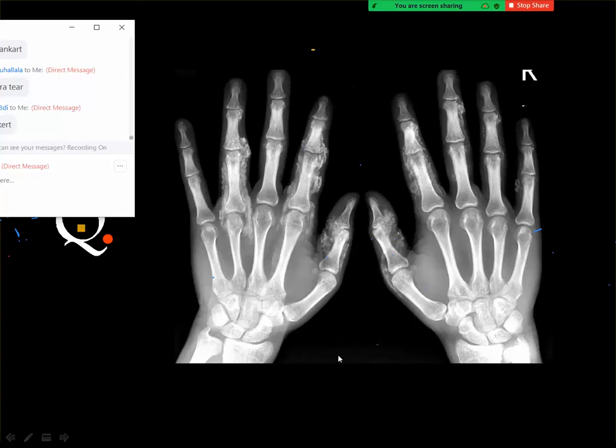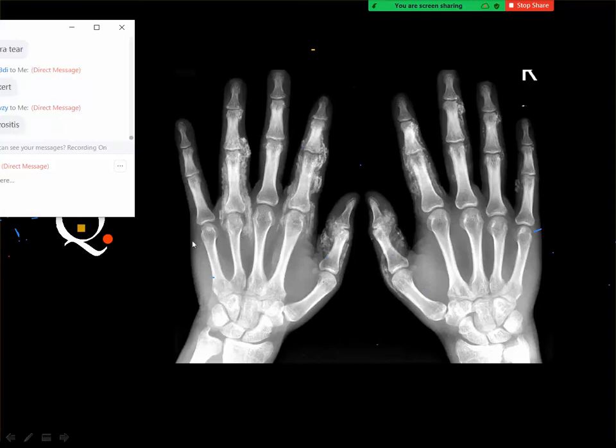Okay, this is an X-ray of the hands showing extensive calcifications along the shafts of the phalanges mainly, and sometimes along the shafts of the metacarpal bones.